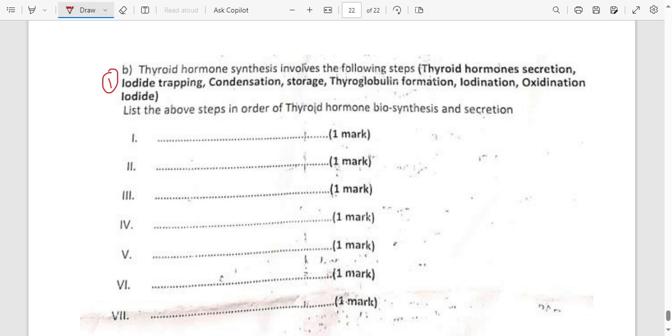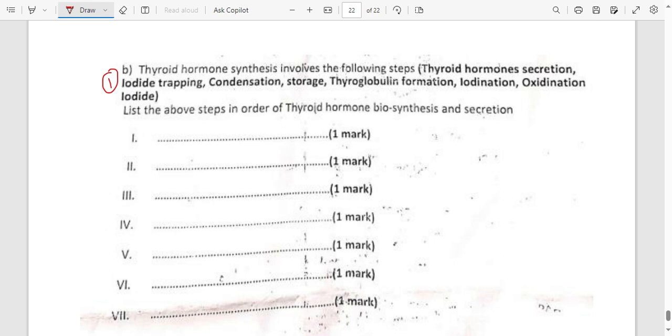Okay, the first thing that will happen is, let me start from the head so that it will be easy in case they change any step. You are going to have thyroid releasing hormone, which will be released from the hypothalamus. Thyroid releasing hormone will go to the anterior pituitary gland to release thyroid stimulating hormone.